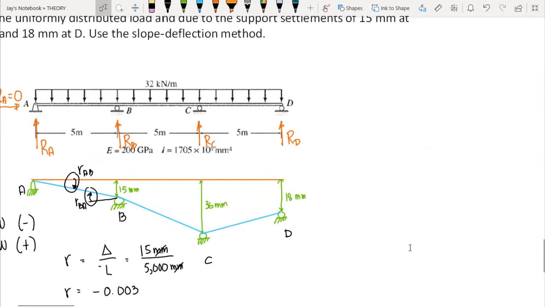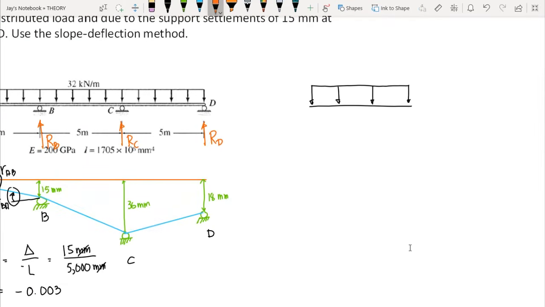And then let's proceed to member BC. On the free body diagram, we have a 32 kilonewton per meter uniformly distributed load that acts throughout B to C. So we have the reaction here, which is the right side reaction of B, so RBR.